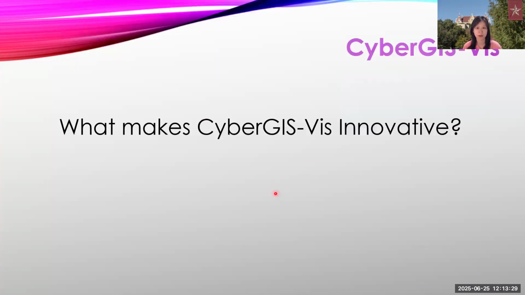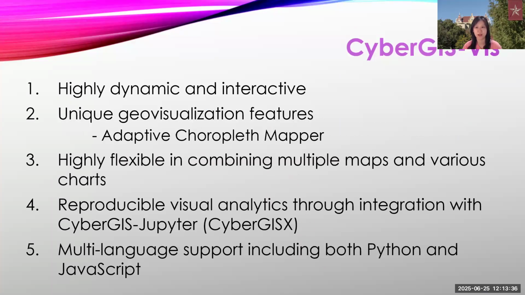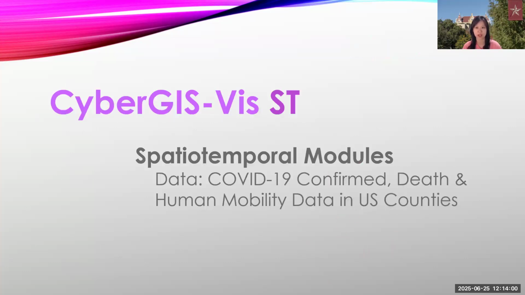I just wanted to talk about what makes the CyberGIS-Vis innovative. CyberGIS-Vis provides some distinctive features that set it apart from other existing geovisualization and mapping tools. I tried to list them here, but we have a one hour time limit, so I will only cover one or two features using the case study that I'm going to share from the next slide.